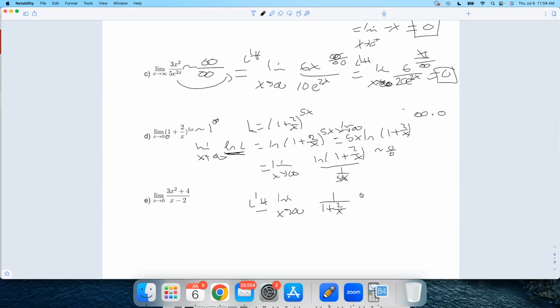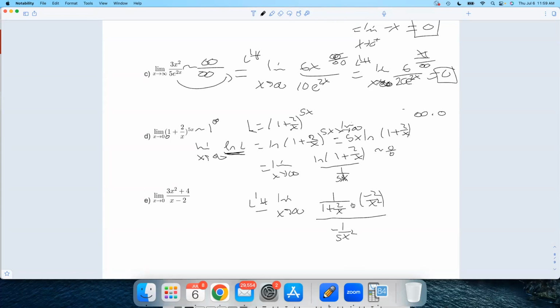The derivative inside here will be negative 2 over x squared. And on the bottom, the derivative of 1 over 5x. Remember, we're not using quotient rule. Derivative of the top over derivative of the bottom. That's negative 1 over 5x squared.